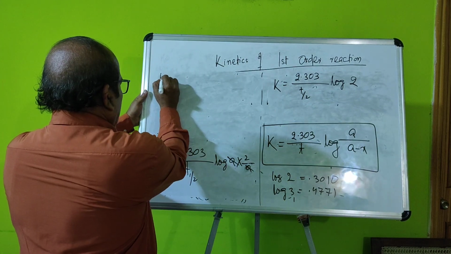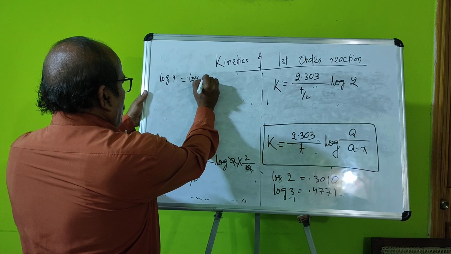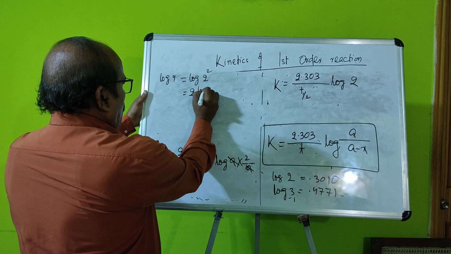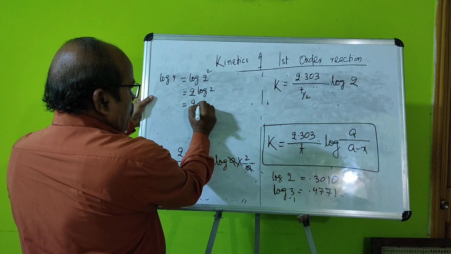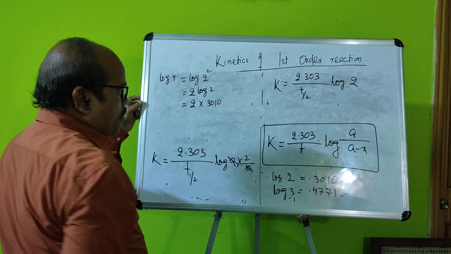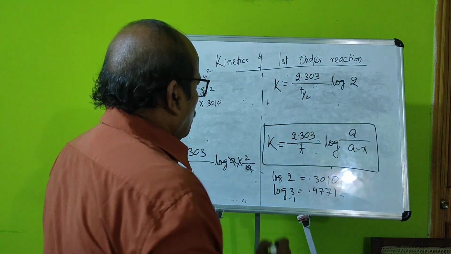Log 4 is log of 2 to the power 2, that is equal to 2 log 2. So the value comes 2 into 0.3010. But my point is here the value for log 2.